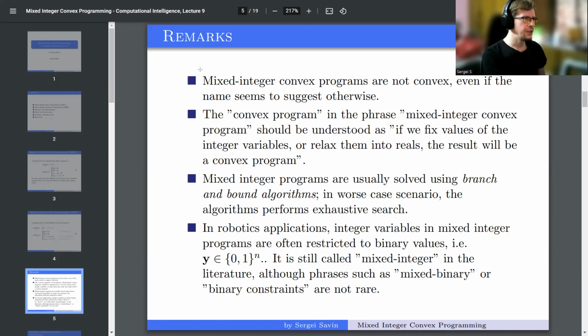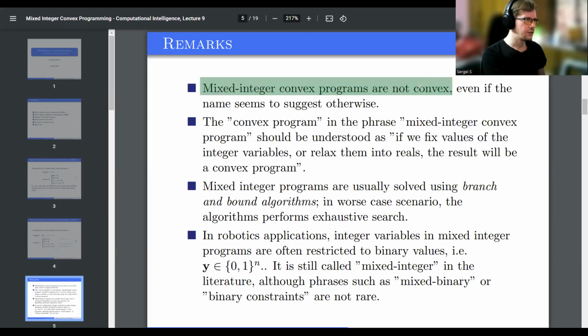So first of all, mixed integer problems are not convex, as we said. But the name somehow has a convexity there. So what this convex in the name means is that if the values of the integer variables are decided, so you fix them, you say this is no longer a variable, this is now a constant, the problem then will become convex.